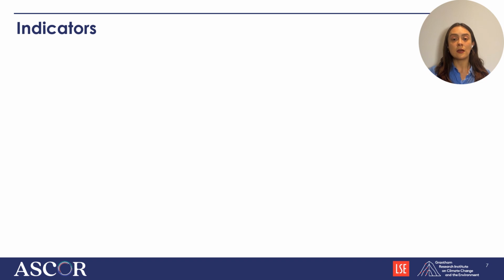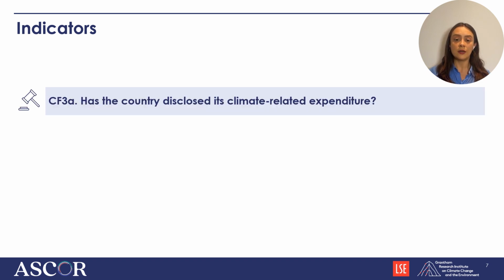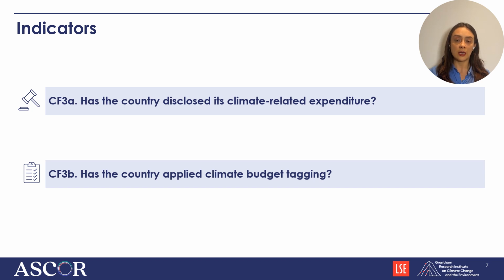We assess transparency in climate spending using two indicators. First, whether the country has disclosed its climate-related expenditure, and then we're a bit more explicit in our second indicator, where we look for disclosure of climate expenditures through the application of a climate budget tagging methodology.